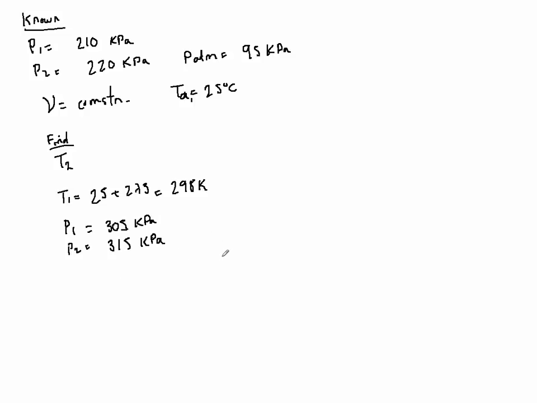One of the assumptions that we're going to make is that there were no leaks in the tire. Therefore, the assumption is that the mass is constant. That indicates that P1 V1 divided by T1 is equal to P2 V2 divided by T2.